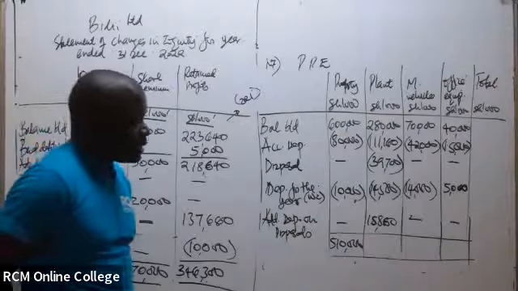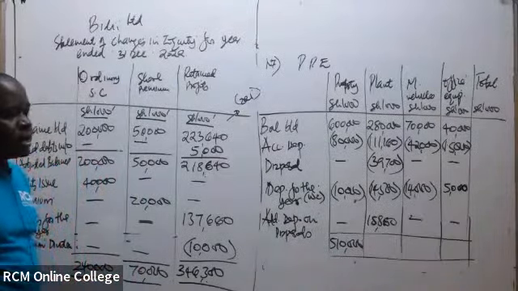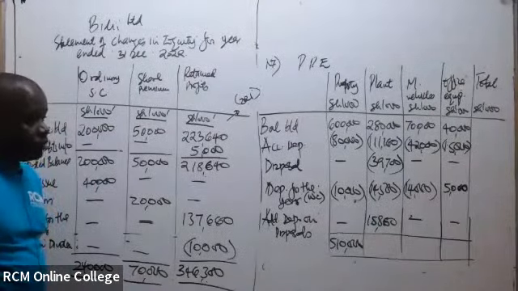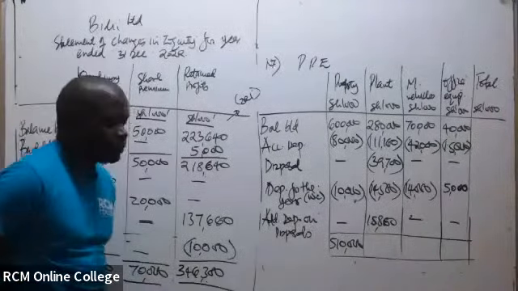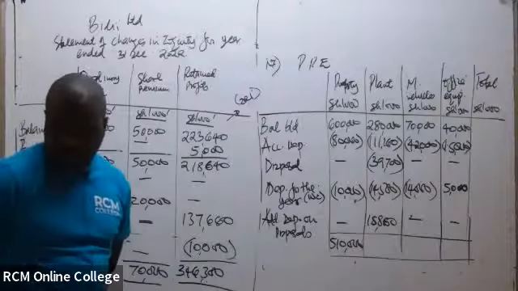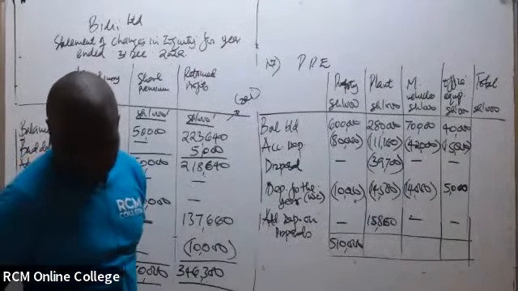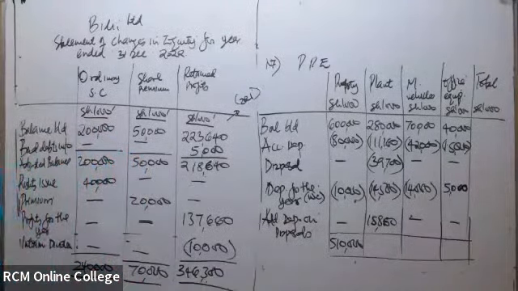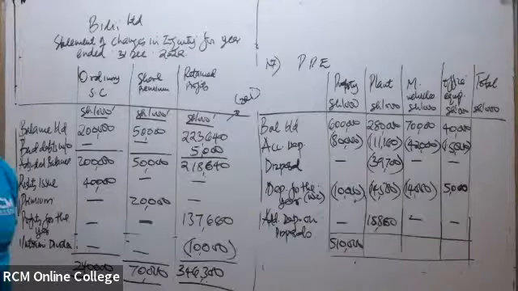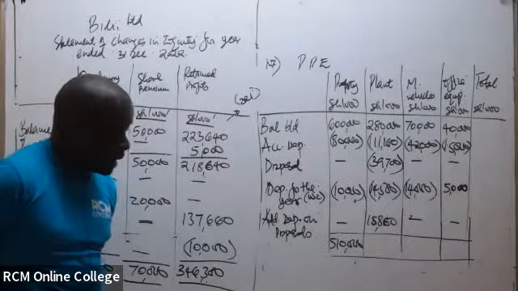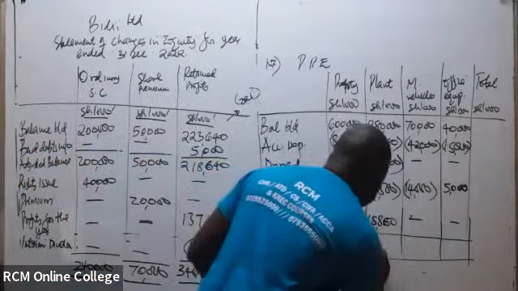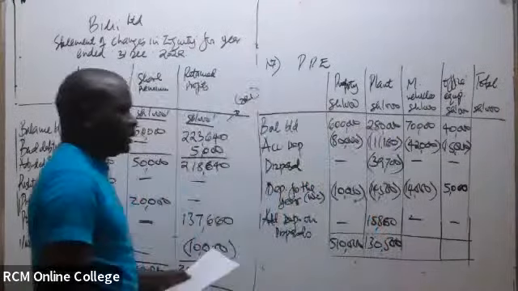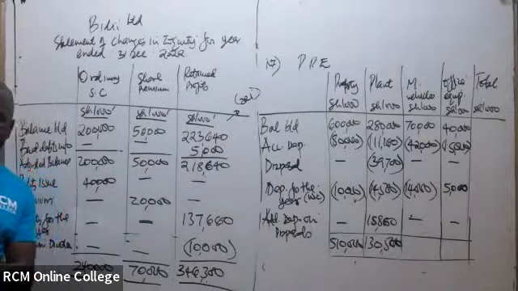Try to do the computation under plant and tell me the figure. 98,780? I think 135,500 is the most appropriate. I don't know how you're getting 98,780. It should be 135,500. I think that is the correct figure.